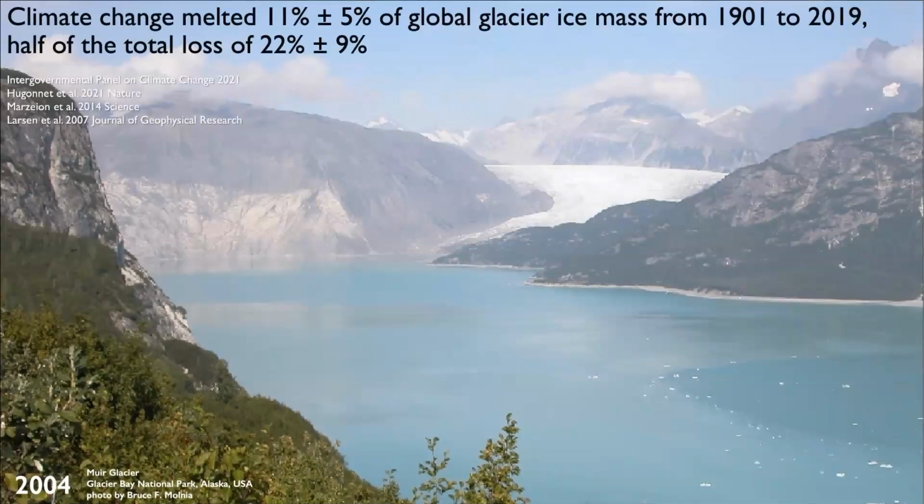And this is one of over 172,000 glaciers around the world that are part of this glacier inventory, upon which glaciologists have determined that glaciers globally have lost about 1/5 of their mass since pre-industrial. 1/2 of that is due to anthropogenic climate change.